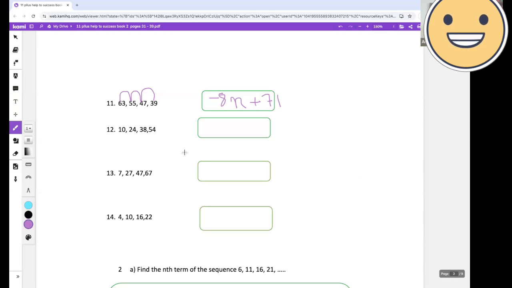Advik, do you want to unmute yourself and give the answer? Is it 12n plus 2? No, it's not. You need to look at the sequence, how you're going from 10 to 24. You could also do 24 minus 10 and then get your answer.